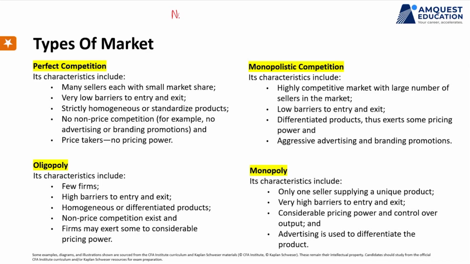So we have the number of buyers, the number of sellers in the market, right? The extent of competition. Okay, how many substitutes are there? Are there many substitutes? That is important. What about barriers to entry and exit barriers?